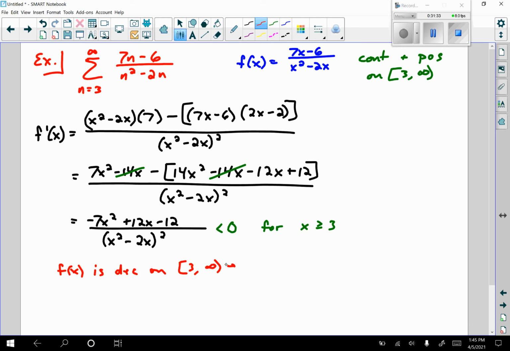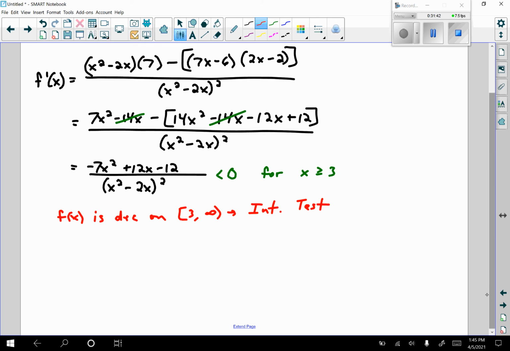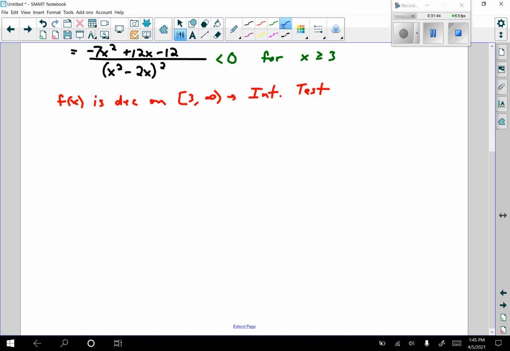So we can use the integral test. Let's see how this one plays out. We're going to set up the integral from 3 to infinity of 7x minus 6 over x squared minus 2x.